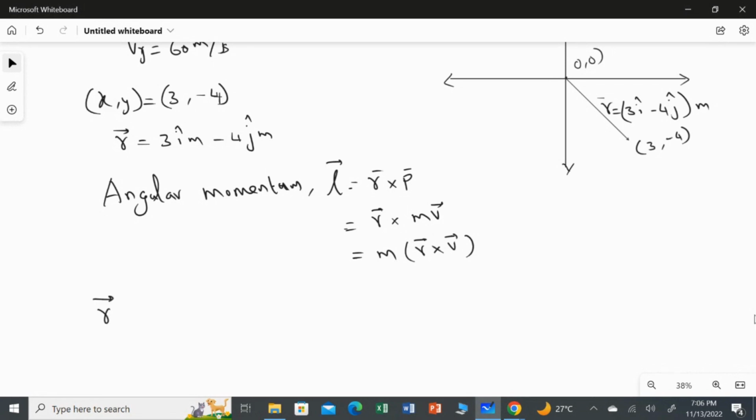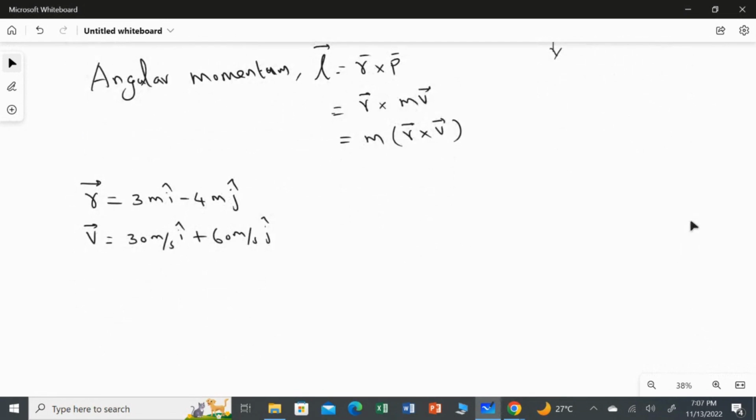For the r vector, we have the vector equation 3 meter i cap minus 4 meter j cap. And for the velocity, v of x is 30 meter per second i cap plus 60 meter per second j cap, which is given in the question, right?